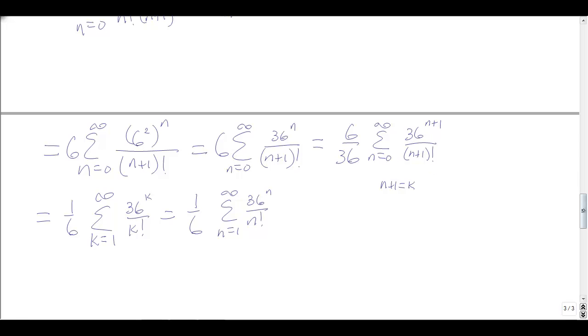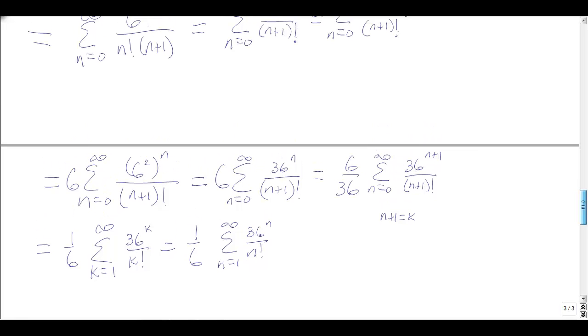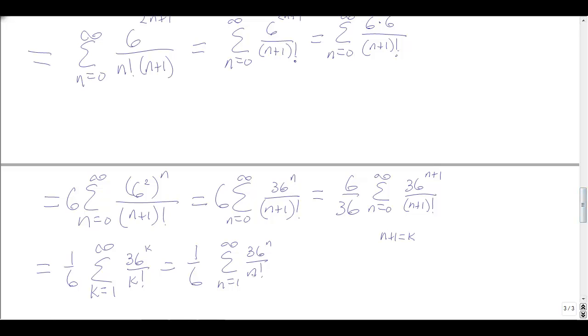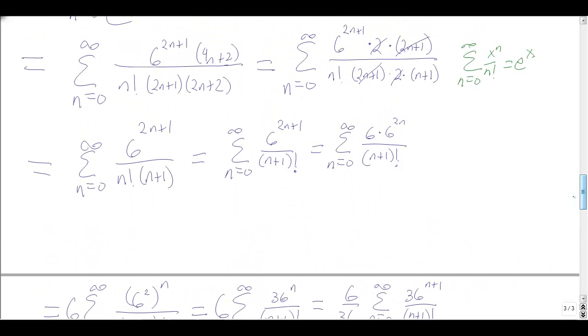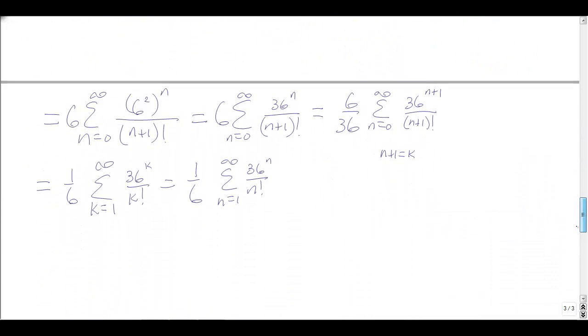Okay, almost there. We've got another problem with our e to the x series. If you look at this, we have an n and an n, but we're starting at 1. For e to the x, I need to have a 0 down there. So we can force that to happen.